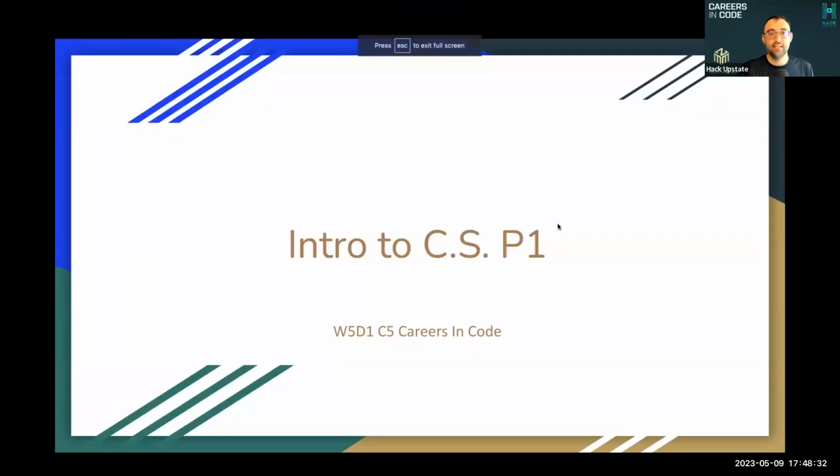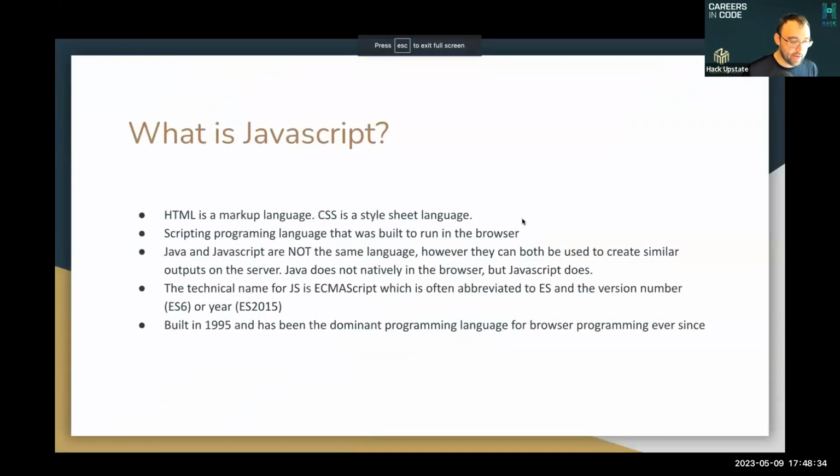These should be mostly things that we covered yesterday. Intro to JavaScript: HTML technically isn't a programming language. It is what we call a markup language, because it's a way to format our content so that the computer can understand it and lay it all out. CSS is a style sheet language.